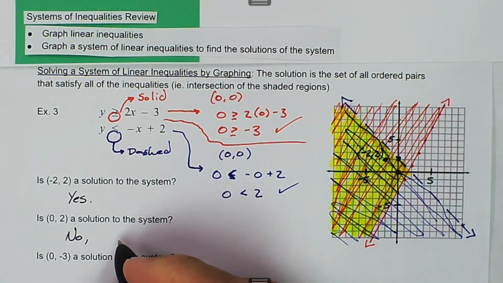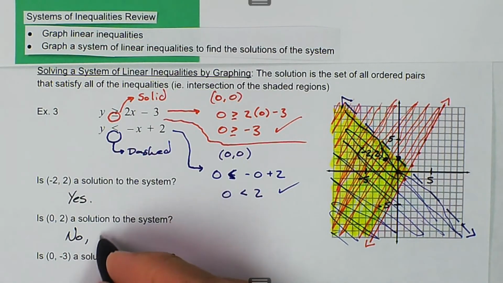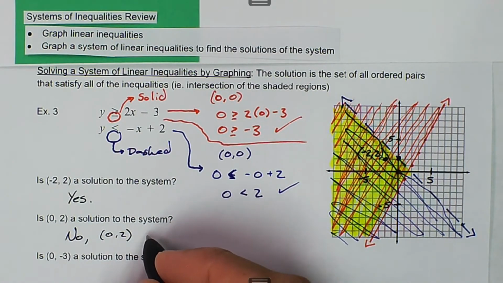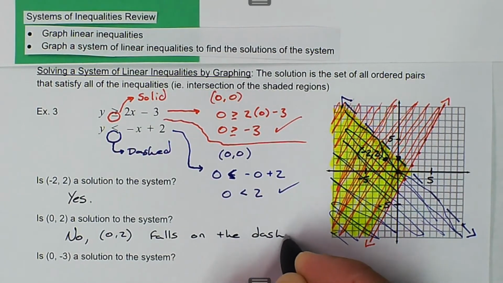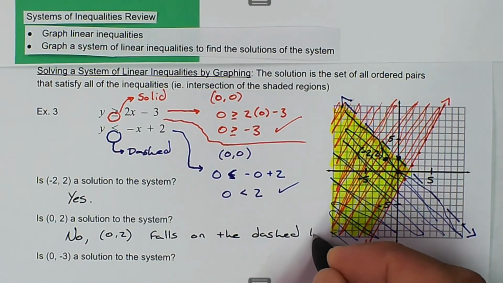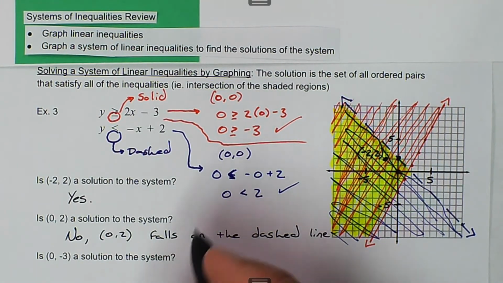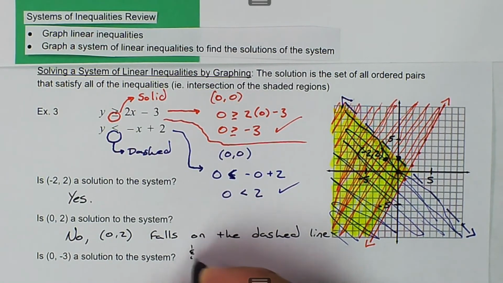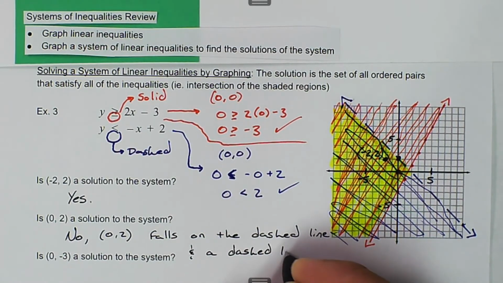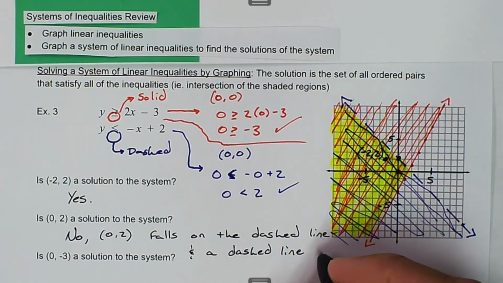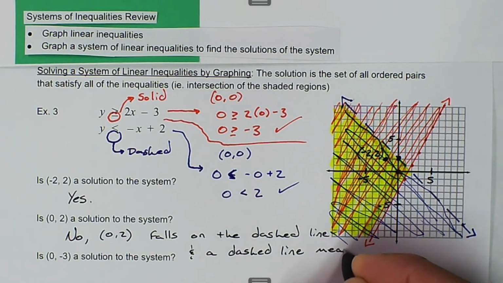It is not part of the solution because 0, 2 falls on the dashed line. A dashed line means not included.